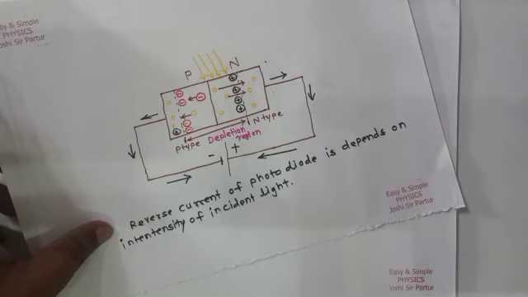Thus, reverse current can be controlled by controlling the concentration of minority carriers in the junction.